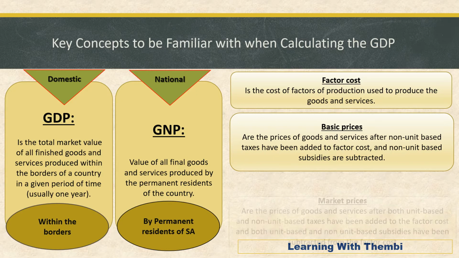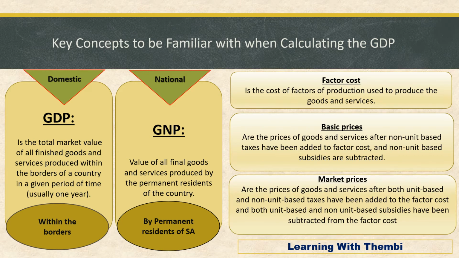So lastly, we've got our market prices. The market prices are referring to the prices of goods and services after both taxes on production and tax on products have been added on the factor cost, and also both the subsidies on products and subsidies on production has been subtracted on the factor cost.